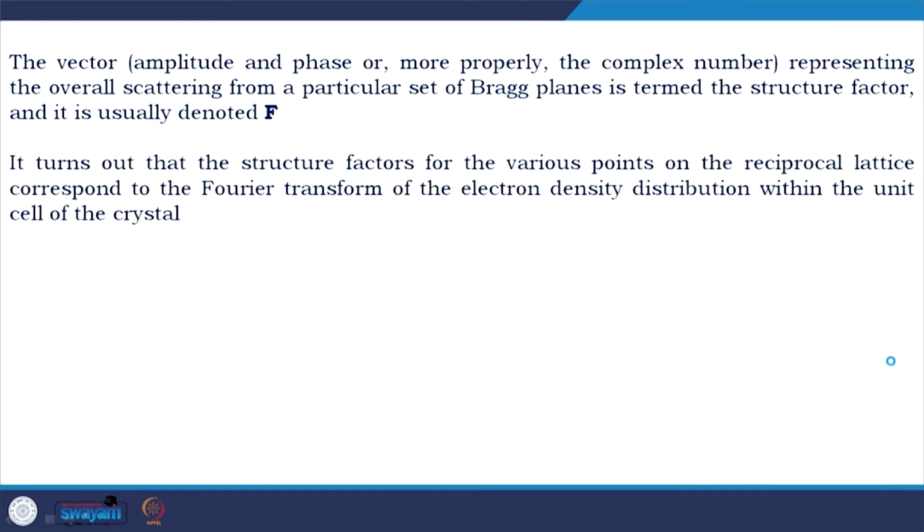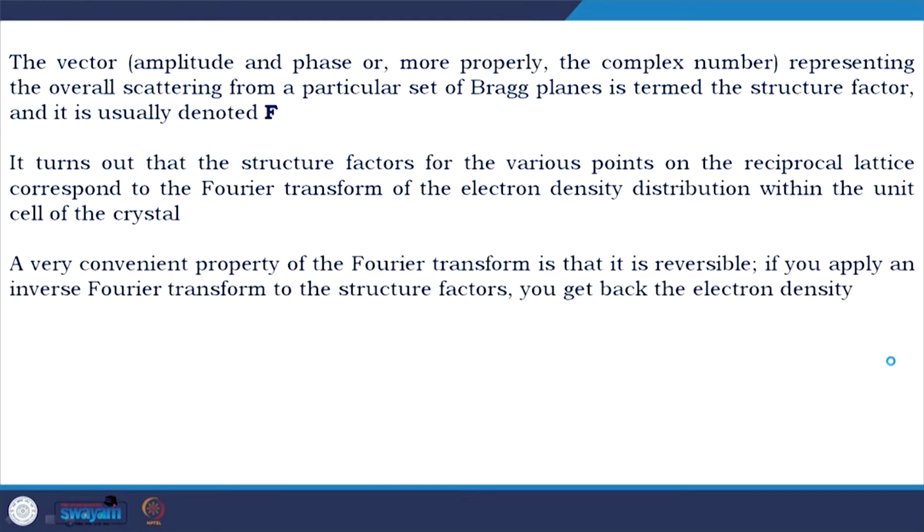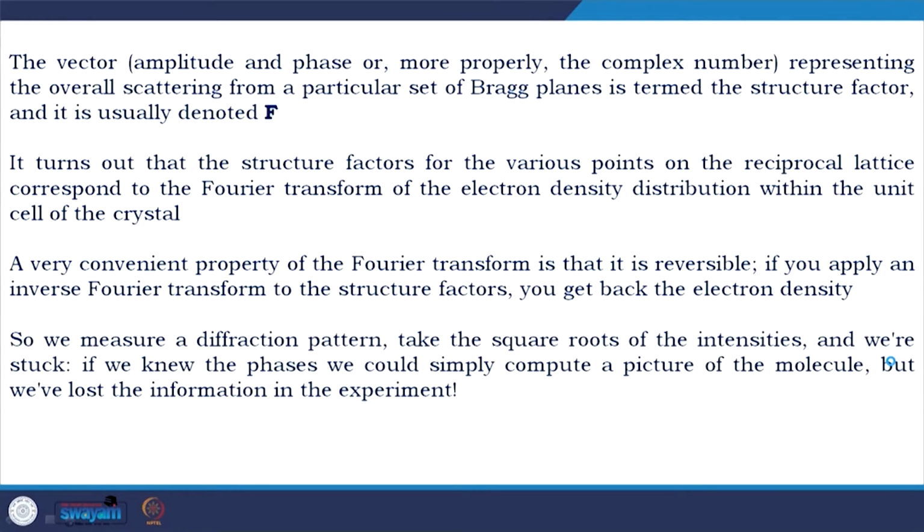It turns out that the structure factors for the various points on the reciprocal lattice correspond to the Fourier transform of the electron density distribution within the unit cell of the crystal. A very convenient property of the Fourier transform is that it is reversible. If you apply an inverse Fourier transform to the structure factor, you get back the electron density, which we have discussed earlier.